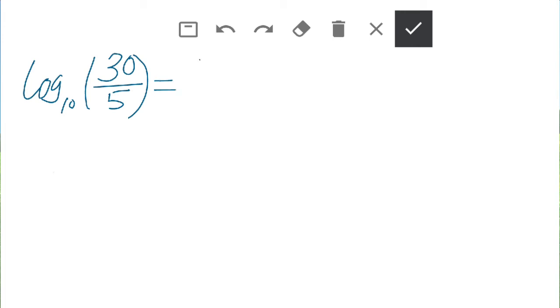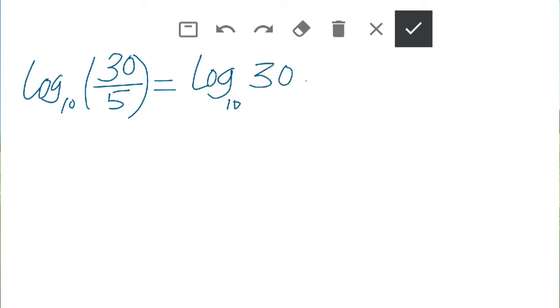Now, let me give one more example. Log to base 10 of 30 divided by 5. All right, what is that going to be? We have seen that's going to be log to base 10 of 30.